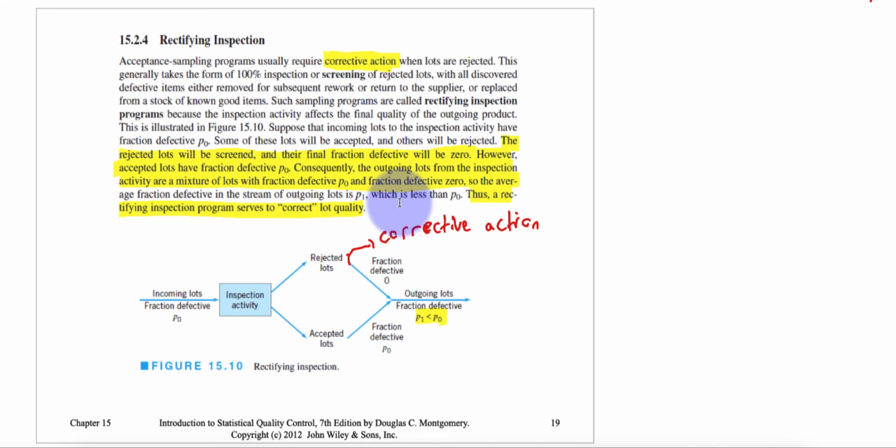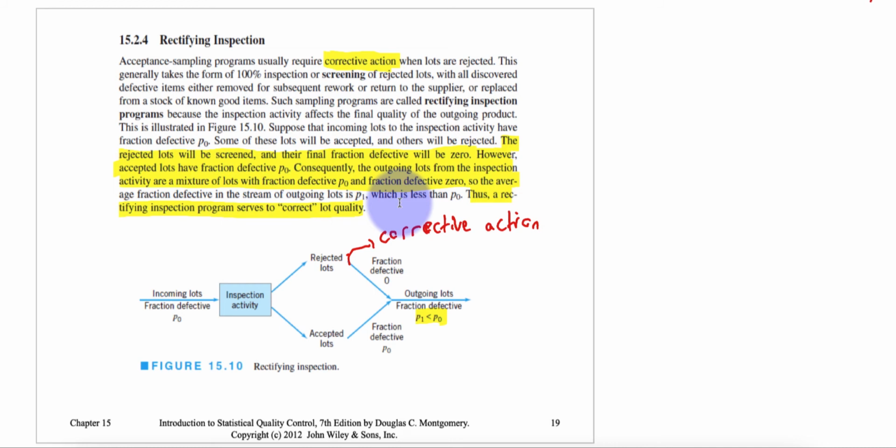Then we will send them either to rework, or we will replace these defective units with new, non-defective, conforming products. And this procedure is called rectifying inspection.